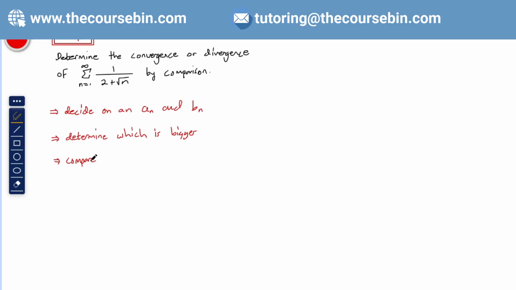So for this one, can we go with 1/(3 + square root n)? Yeah, we could. Would that be a bigger series or smaller series? It'd be a smaller one. Now, that's fine, but the only problem is that it still looks exactly like that. You just replaced the 2 with a 3.